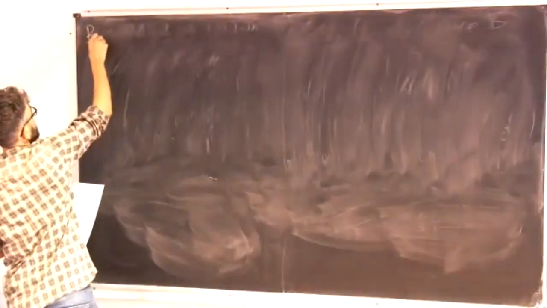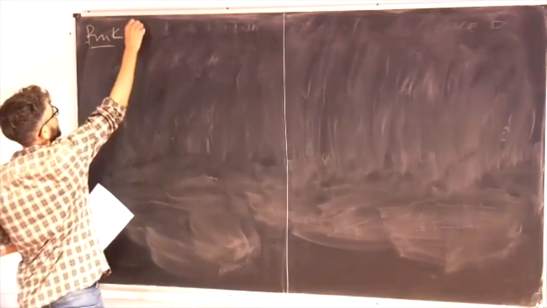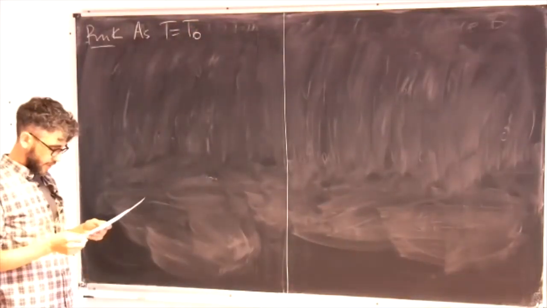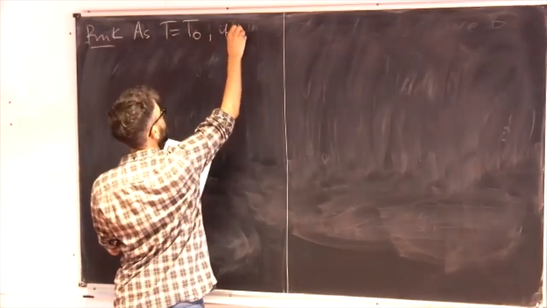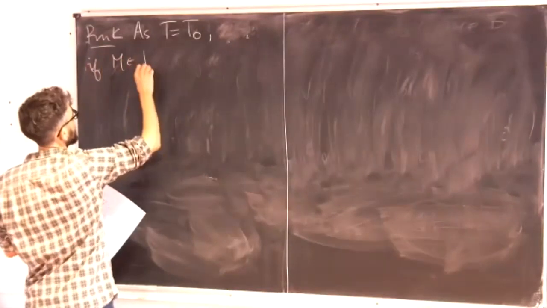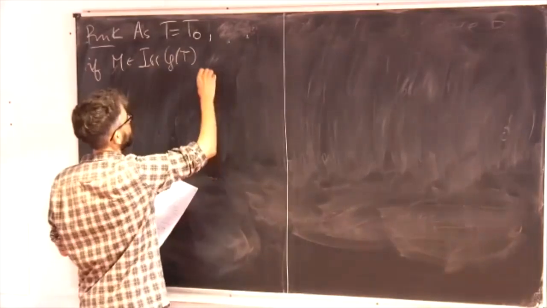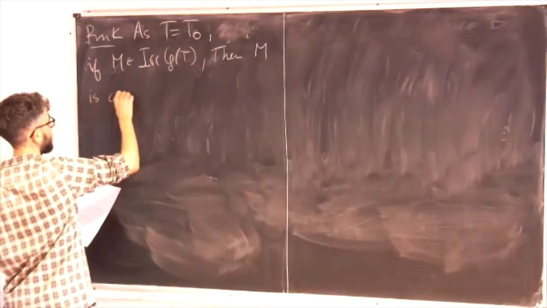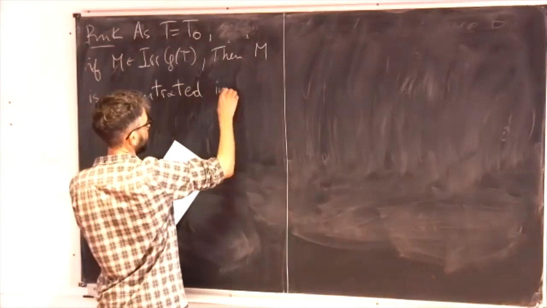Let me make another remark. As t is equal to t0, it is concentrated in degree 0. If we take a simple module in the category of graded T modules, then M is concentrated in a unique degree.